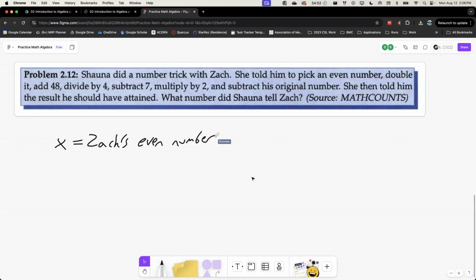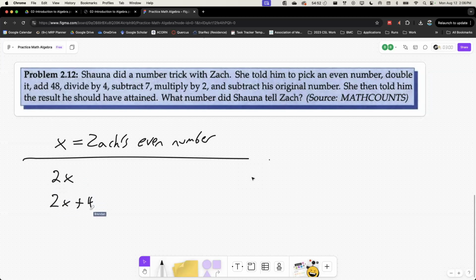The first thing Shauna does is she says to double Zach's even number. So that's 2x. And then she adds 48: 2x plus 48.